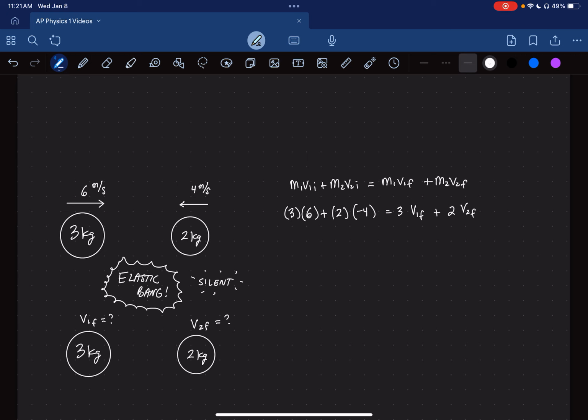So 3 times 6 is 18. 2 times -4 is -8. Which comes out to 10 equals 3v1f plus 2v2f.